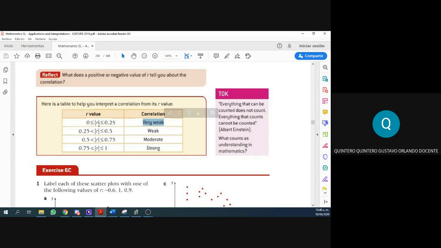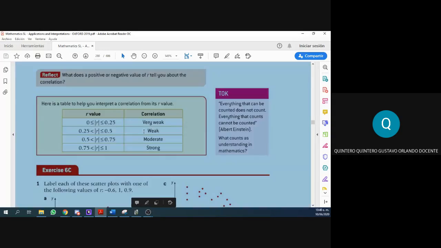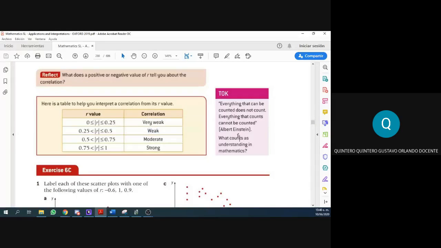So for example, if the value is between 0 and 0.25, we can say the correlation is very, very weak. We almost don't have a correlation because it is very weak. If the correlation is between 0.25 and 0.5, then we say the correlation is weak.